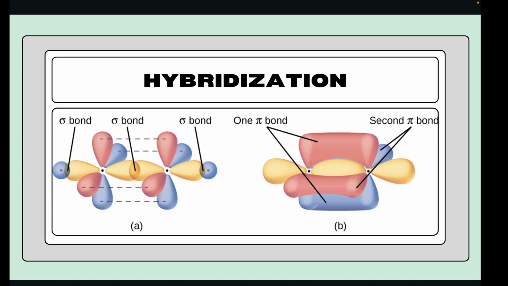Hybridization is a concept in chemistry that explains how atoms form bonds in molecules. In simple words, it is a mixing of atomic orbitals like s, p, d, sp²d² of an atom to form new orbitals of equal energy, called hybrid orbitals.